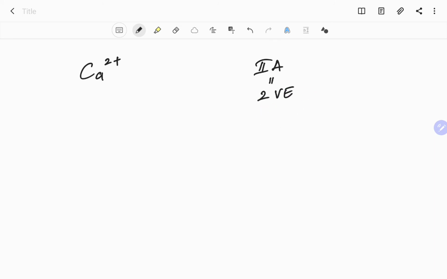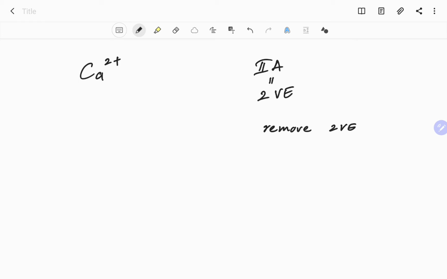So in order to achieve the noble gas configuration, it is easy to remove the 2 valence electrons. So you are losing 2 negative charges, and therefore you will be 2+.